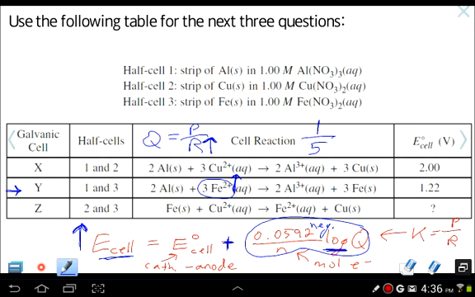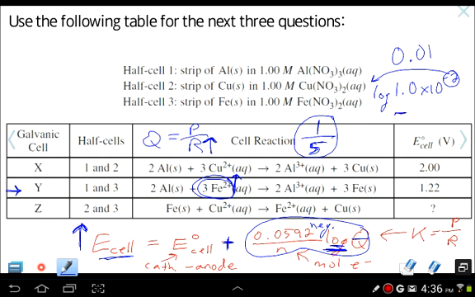Let's review that again. Because the reactant got increased, and the reactant is on the bottom side of Q, the denominator got increased, which means the whole fraction is now less than 1, which means the log of that is negative. Recall that tiny numbers like 0.01, which is 1.0 times 10 to the negative second, when you take the log, you're simply pulling out the exponent, so the log of tiny numbers is negative.